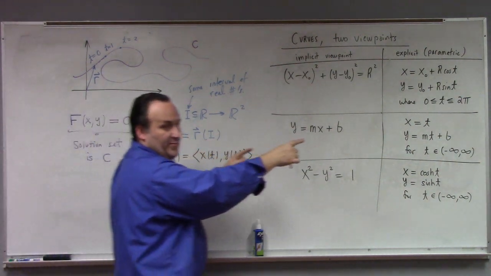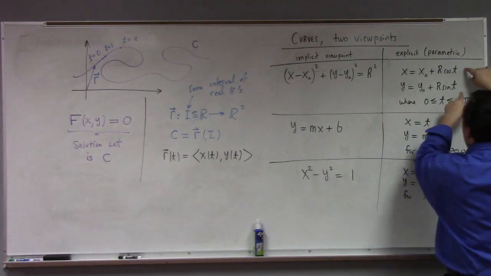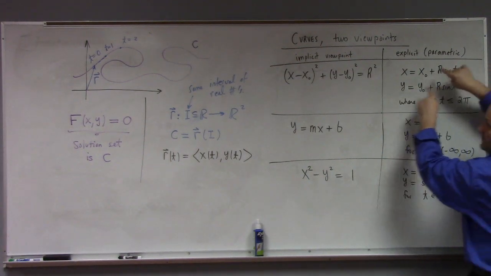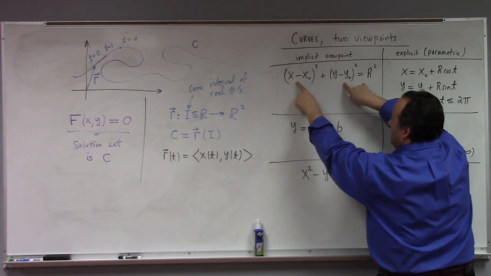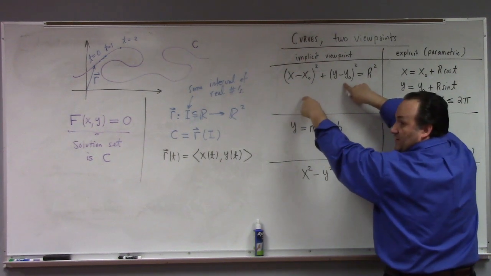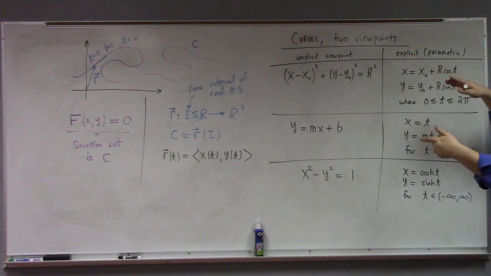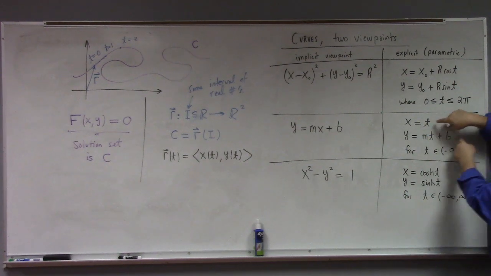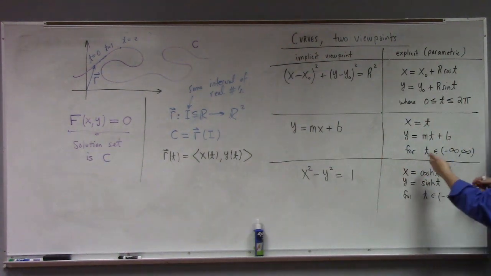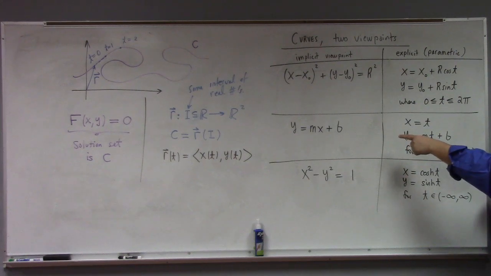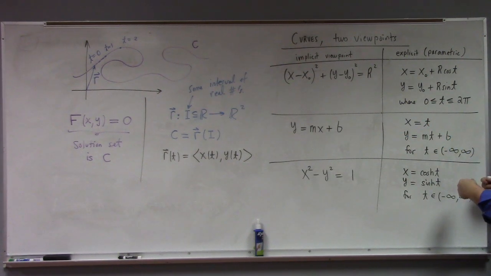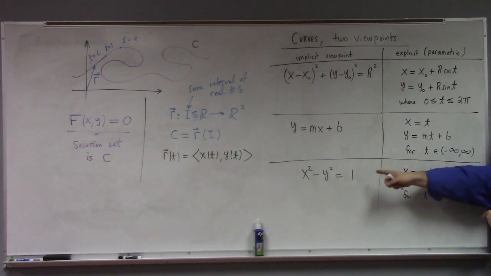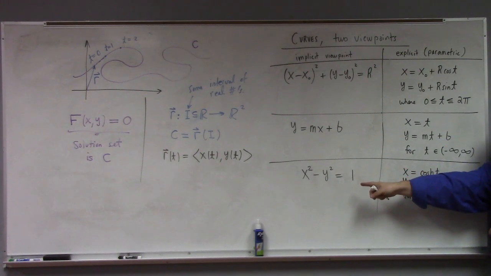If I take these formulas and plug them in here, I get r squared cosine squared plus r squared sine squared, which is sine squared plus cosine squared being 1. You get r squared equals r squared. It works. If I plug these into here, it's obvious that y equals mx plus b works, because the t's cancel, and you can see the equation's true. When I plug cosh and sinh into this equation, well, that's the identity for cosh and sinh. So it works.